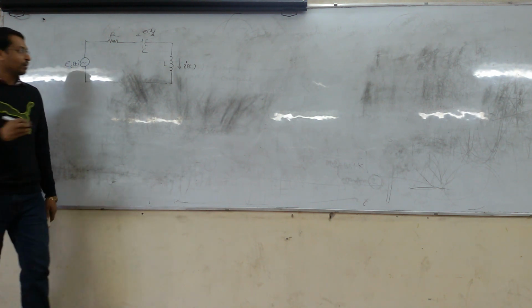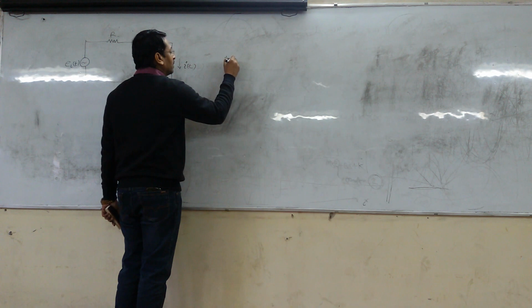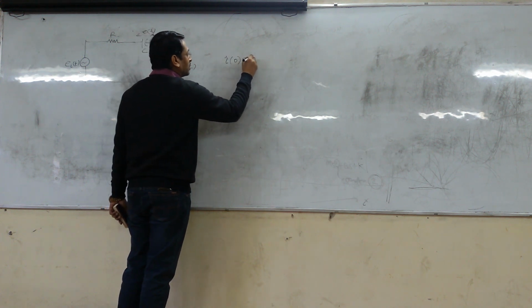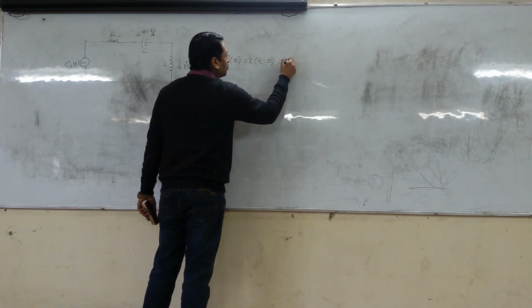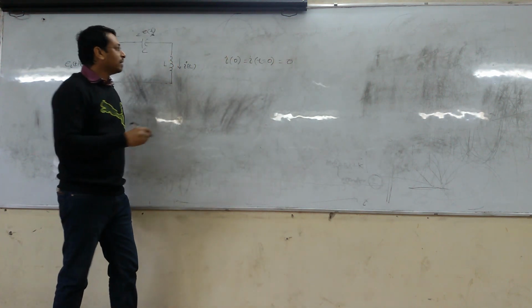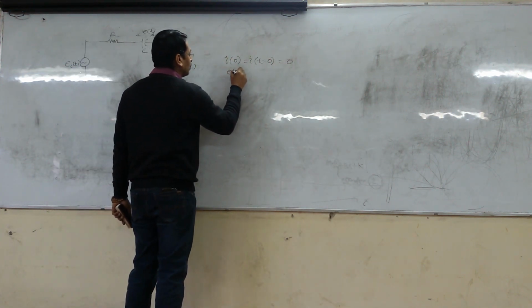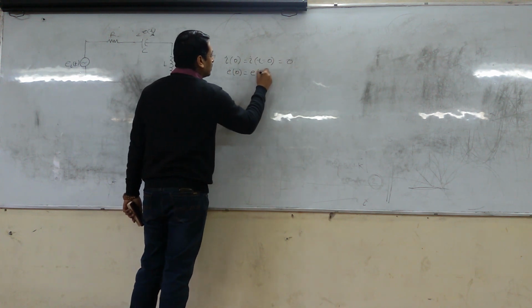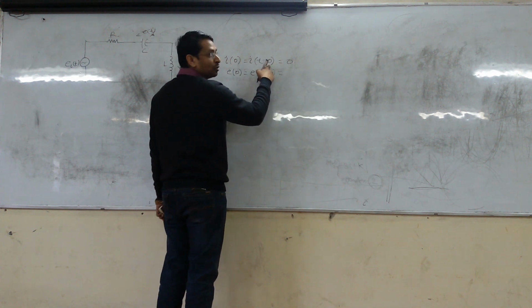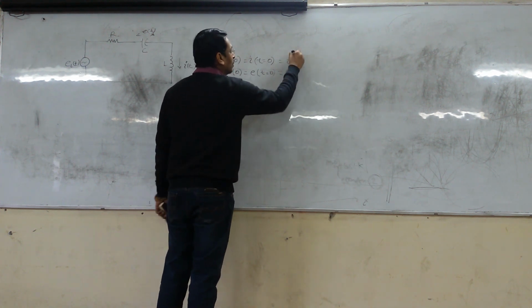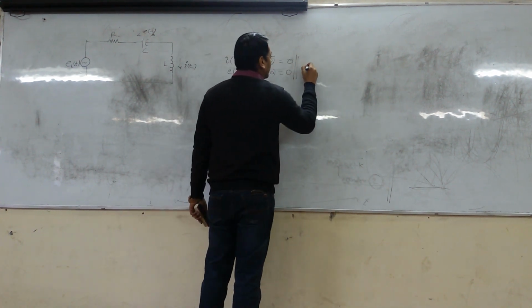It means I(0), that is I at t equal to 0, is 0, and E(0), that is E at t equal to 0, is 0. The voltage across the capacitor and current through the inductor should be 0, then the system is relaxed.